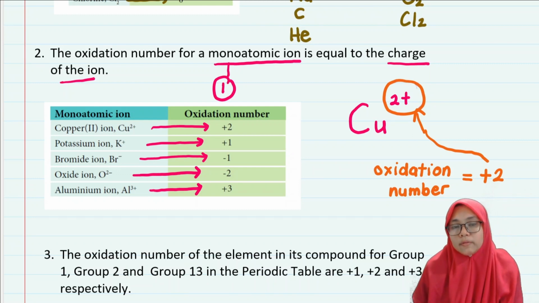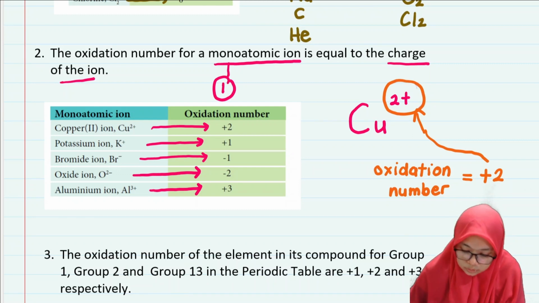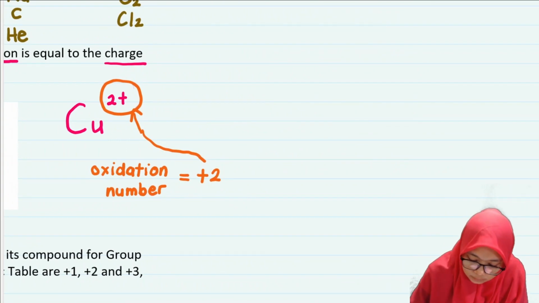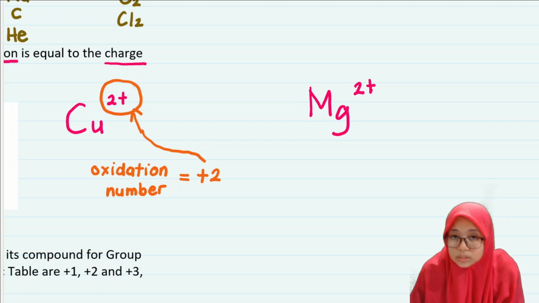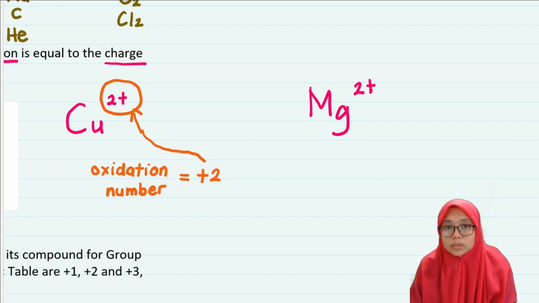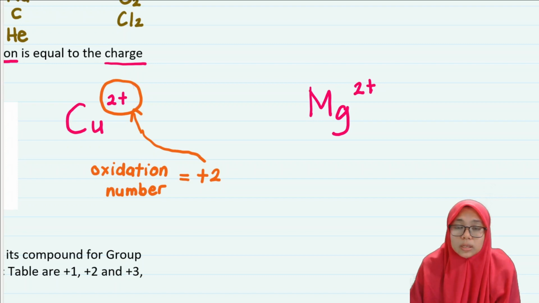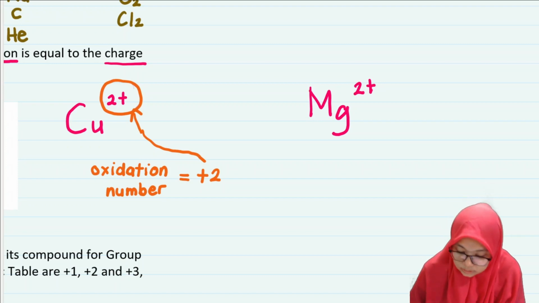So if you have any monoatomic ion, let's say we have magnesium. Magnesium ion is 2 positive. Why? Because magnesium releases 2 electrons to form the magnesium 2 plus ion.